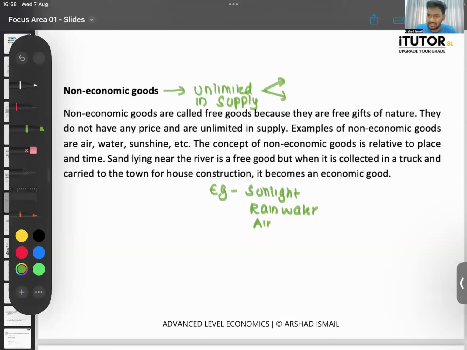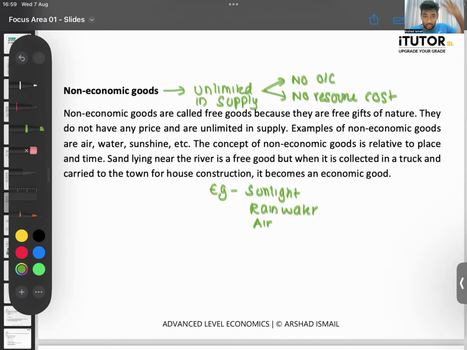Those are examples. Do we have an opportunity cost? Do we have to produce those? No. So there is no opportunity cost. Is there a resource cost? Resource cost means cost to produce this. No resource cost. That's a non-economic good.